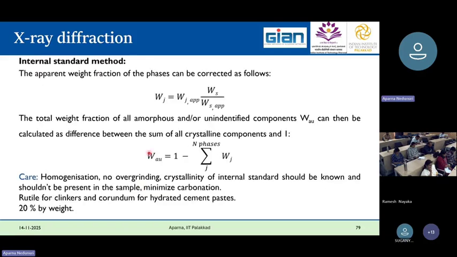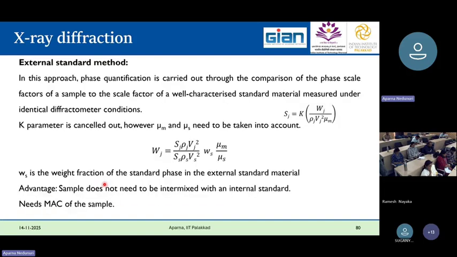So in internal standard method, we are kind of adding something to our material. We may not be comfortable with adding some external material to our material all the time. In those cases, we can go for external standard method. In external standard method, what we do is we take the XRD pattern of the sample.